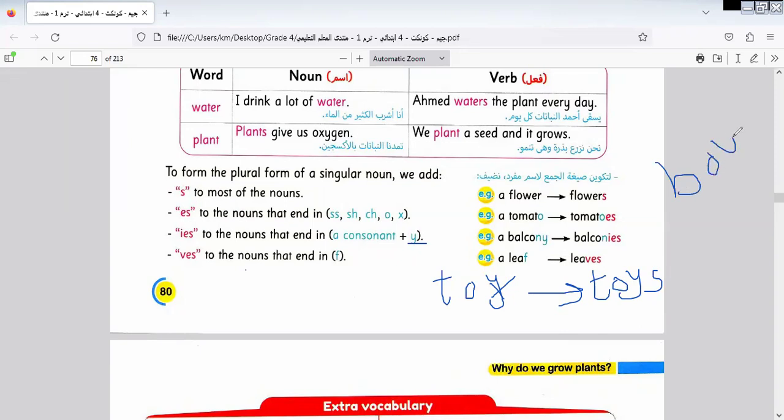Okay, boy, boys. This is the difference between balcony and boy and boys. Here we add s only because before y we have a vowel sound. This is the difference between balcony and toys and boys and so on. Let's go to another one.